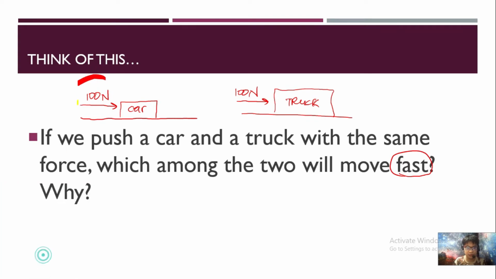Now, why? Bakit kaya mas mabilis mag-move yung car as compared to the truck, provided that we exerted the same amount of force? Correct. Because the car has less mass. Less ang kanyang mass.